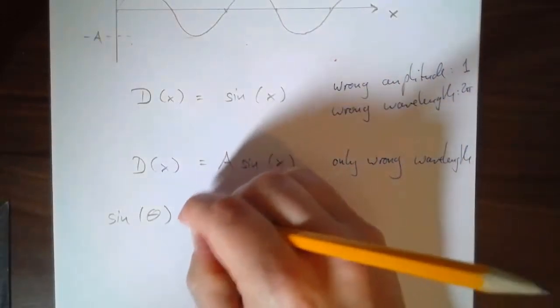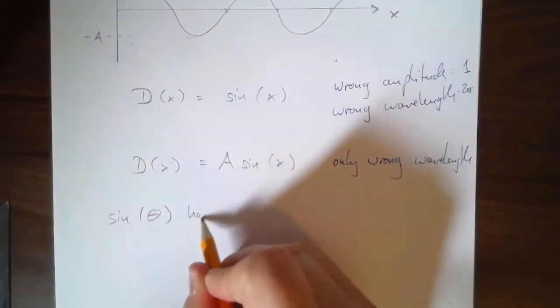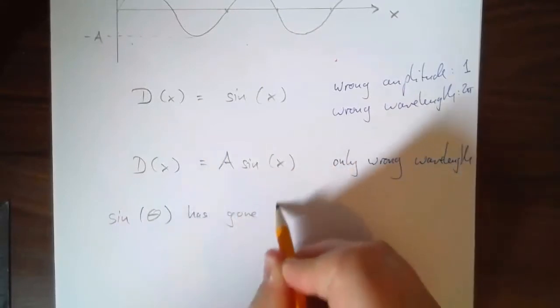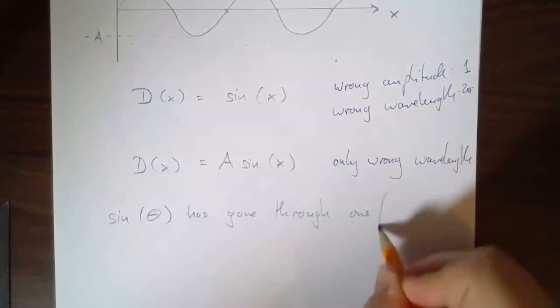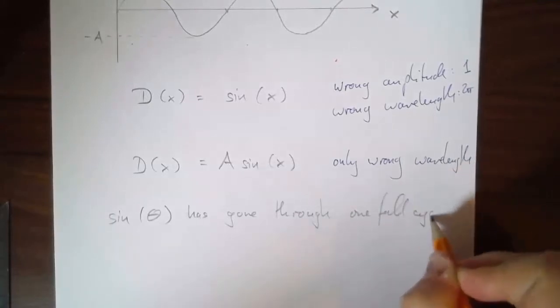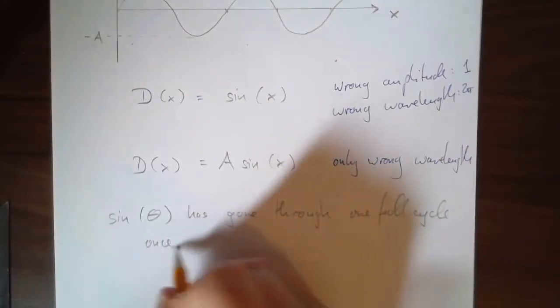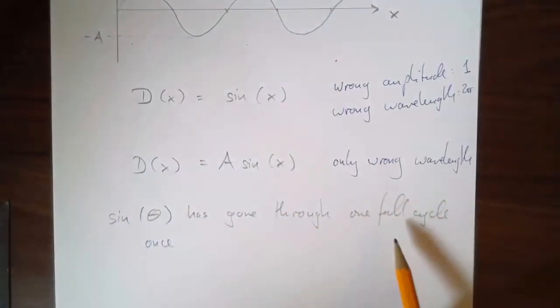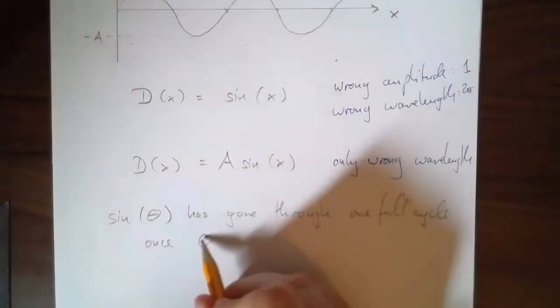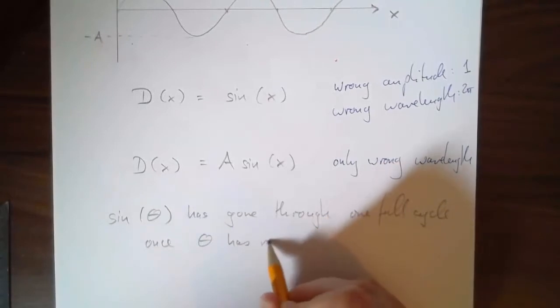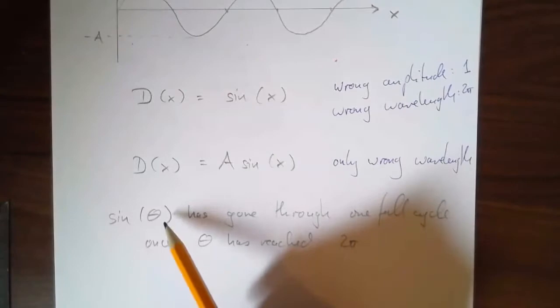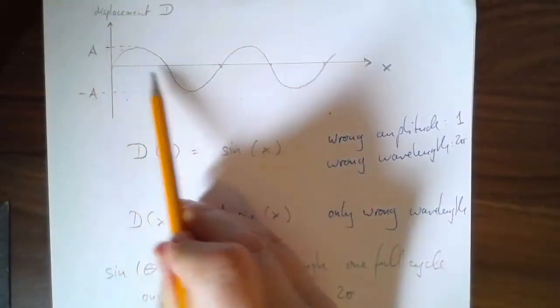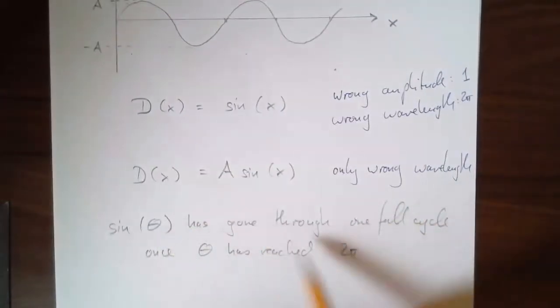Sine theta has gone through one full cycle once theta has reached 2 pi. I assume it starts at 0, and it increases, but I want this thing inside the sine function to reach 2 pi.